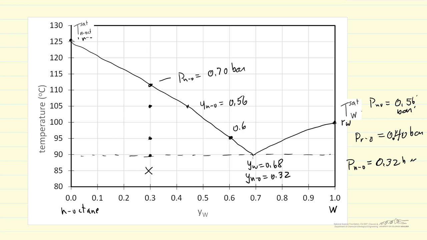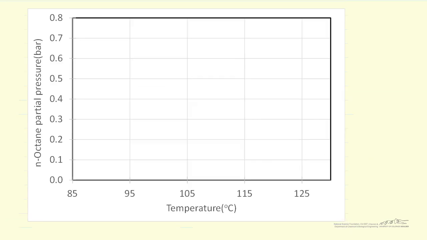So let's look at what these values look like when we plot them. Let's look at the N-octane partial pressure versus temperature from 85 degrees to 90. There's no vapor, so it's 0. At 90 degrees C, the mole fraction of the vapor, and therefore the partial pressure, is about 0.32.